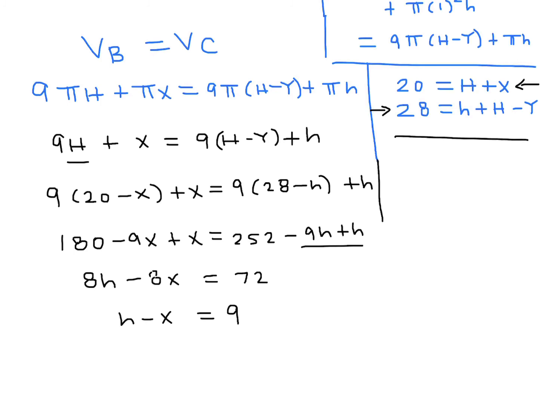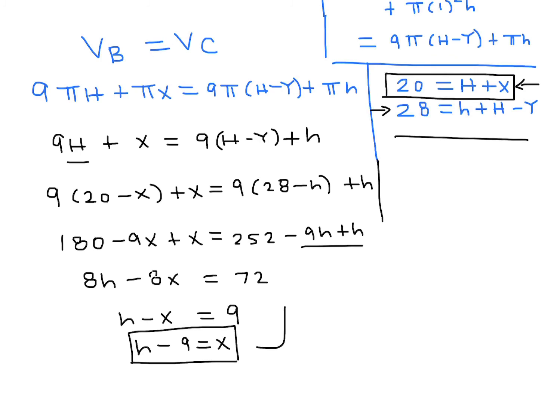And therefore, h minus 9 is equal to x. And what I can then do at this point is substitute this into this one right here, and I hope that helps us. So 20 is equal to h plus x, and therefore 20 is equal to h plus h minus 9.